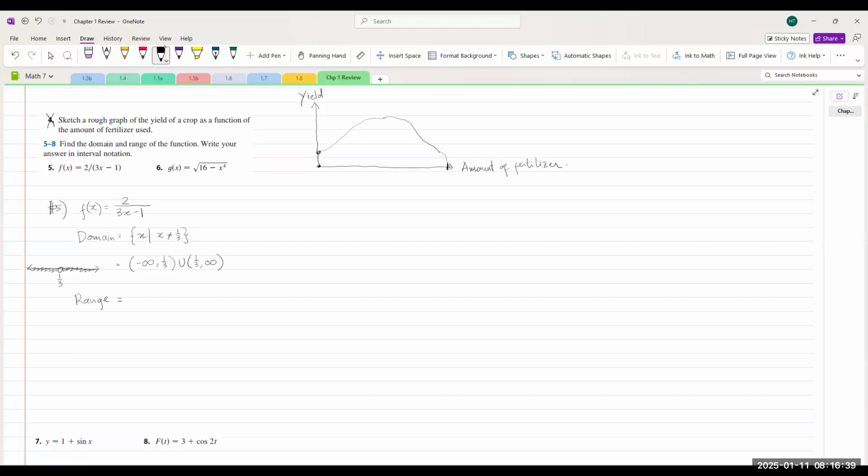The proper way to do it is by realizing that this function comes from 1 over x. We rewrite that as 1 over x minus 1/3, and then from there, we multiply by 2/3.